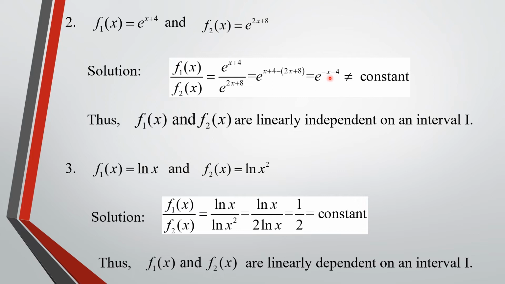X can be any number within the interval I. So since x varies, therefore the answer is not a constant. If you take f2 over f1, your answer will be e to the power of x plus 4, which is also not a constant, and therefore we make the conclusion that f1 and f2 are linearly independent on an interval I.